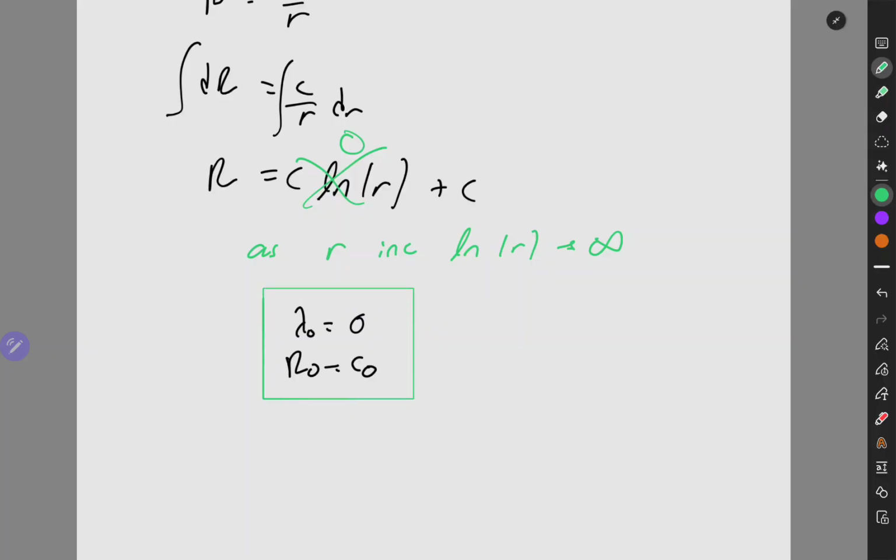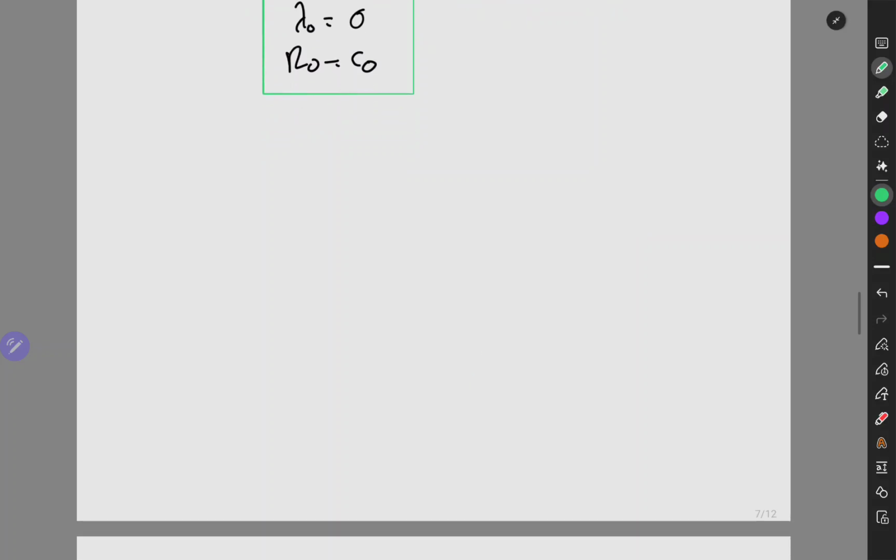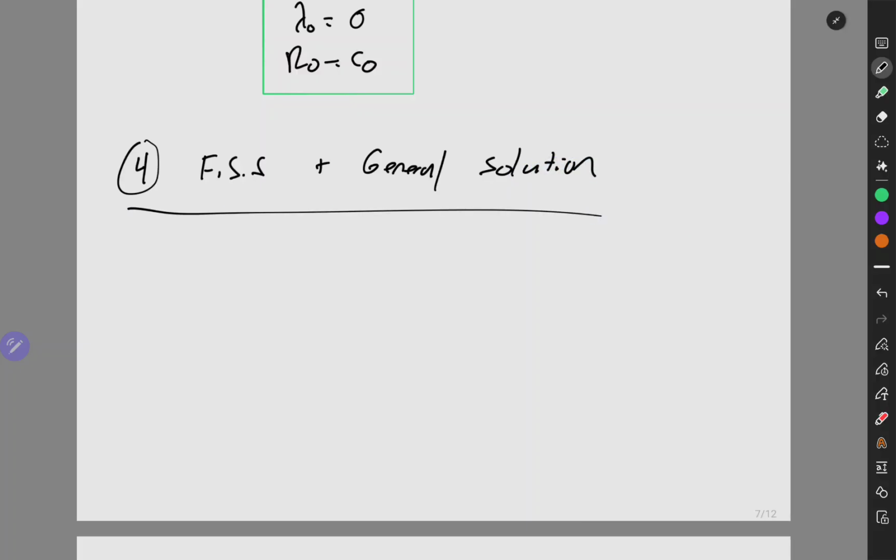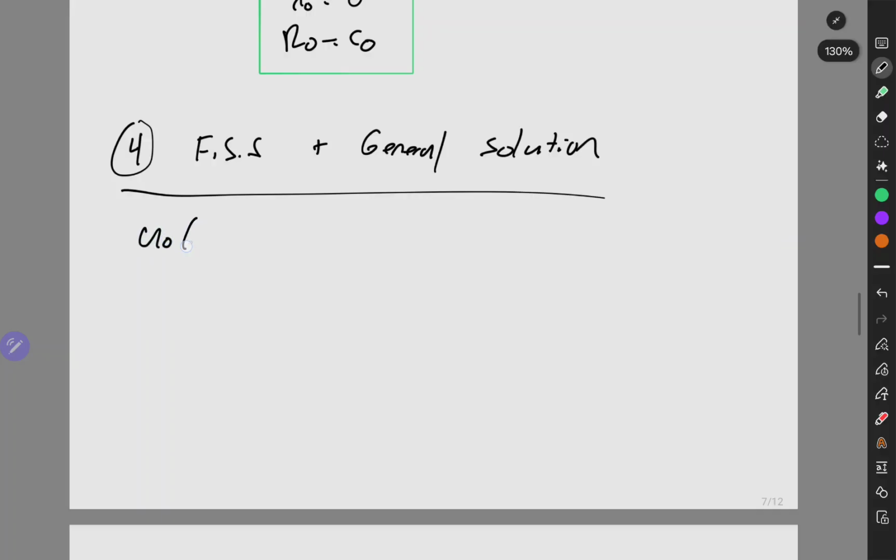So now the hard part of this problem is over. Now it's just writing out the fundamental set of solutions, the general solution. So for the fundamental set of solutions, we're going to have u naught of r theta is equal to a naught.